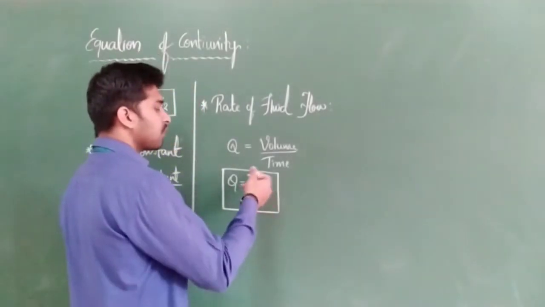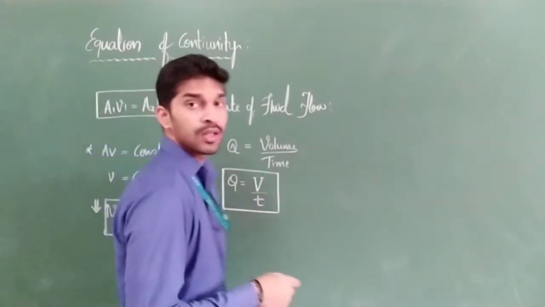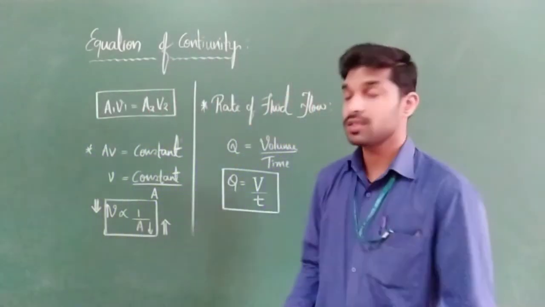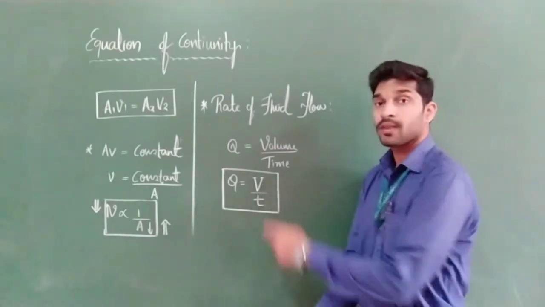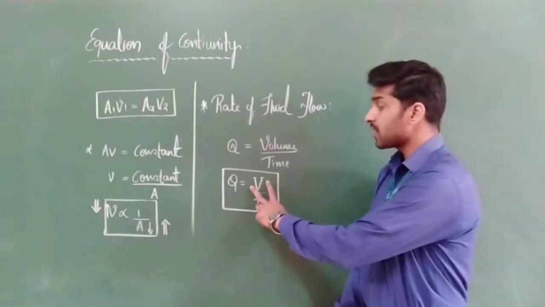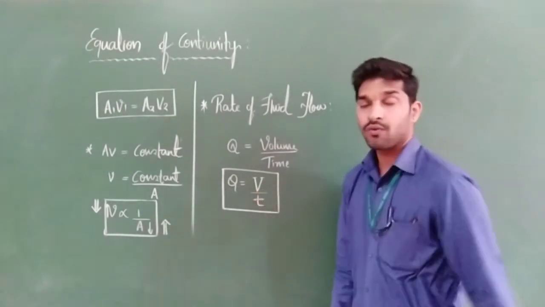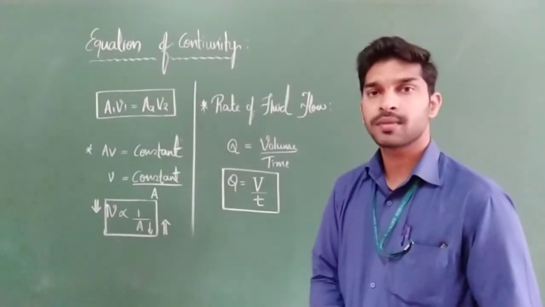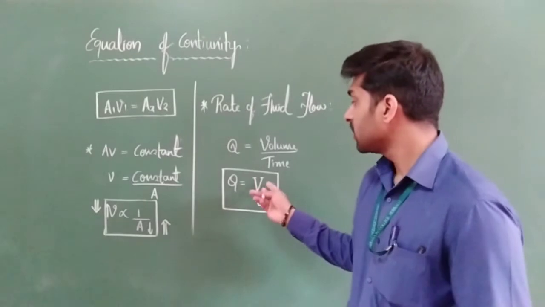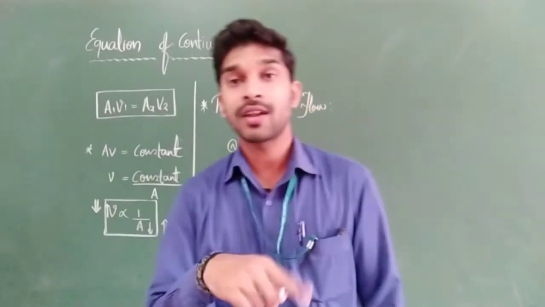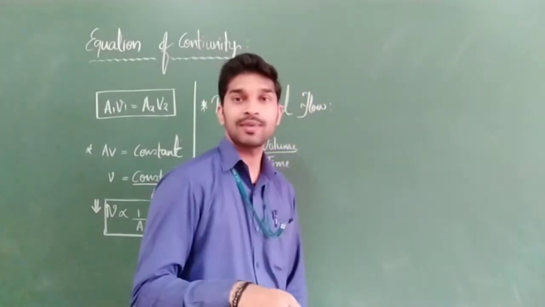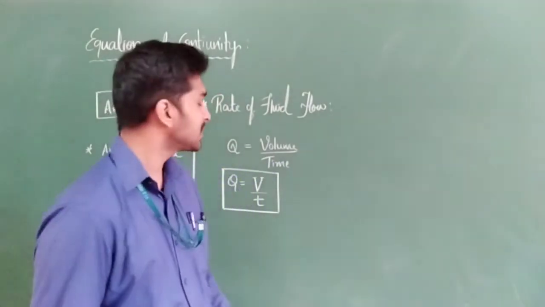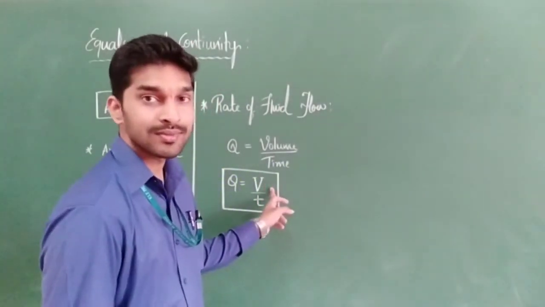So how can I interchange this volume term now? Can you tell me? Volume I can write as cross-sectional area into length, correct? So in the place of V, I will write A into L. Clear? Cross-sectional area into length is nothing but volume.